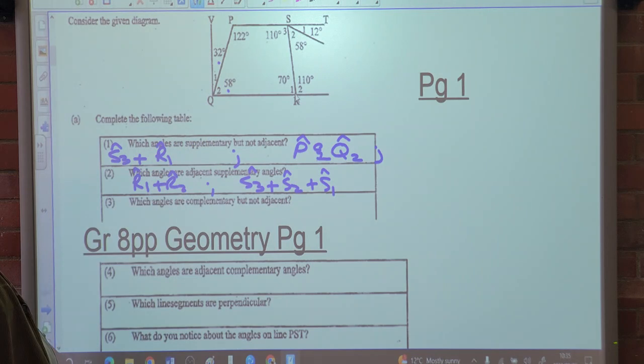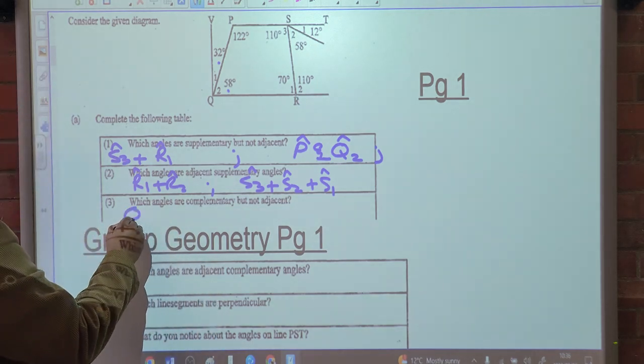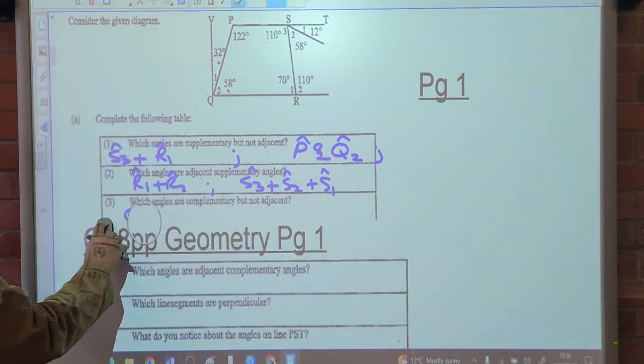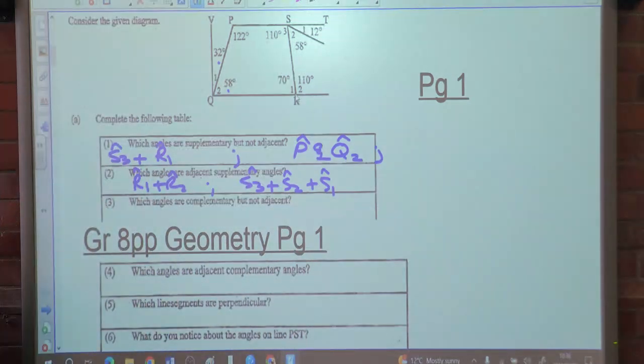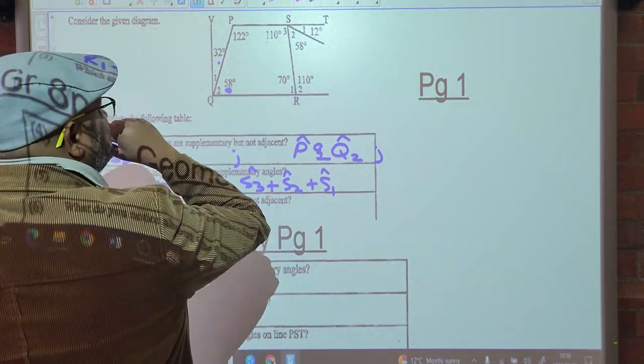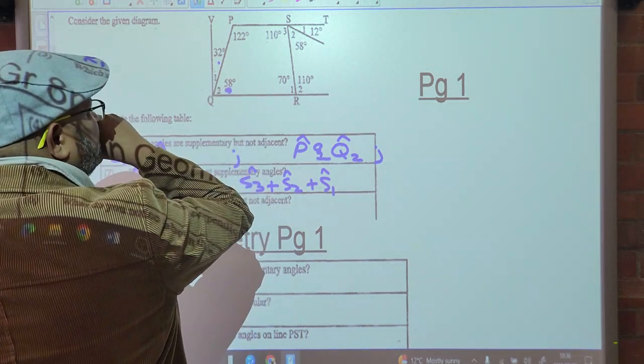Is that correct? 32 plus 58 is 90 degrees. So, Q1, okay, but not adjacent, but hang on, those angles are adjacent. So I can't consider that. So 58 and 32, is there any other 32 somewhere? No?